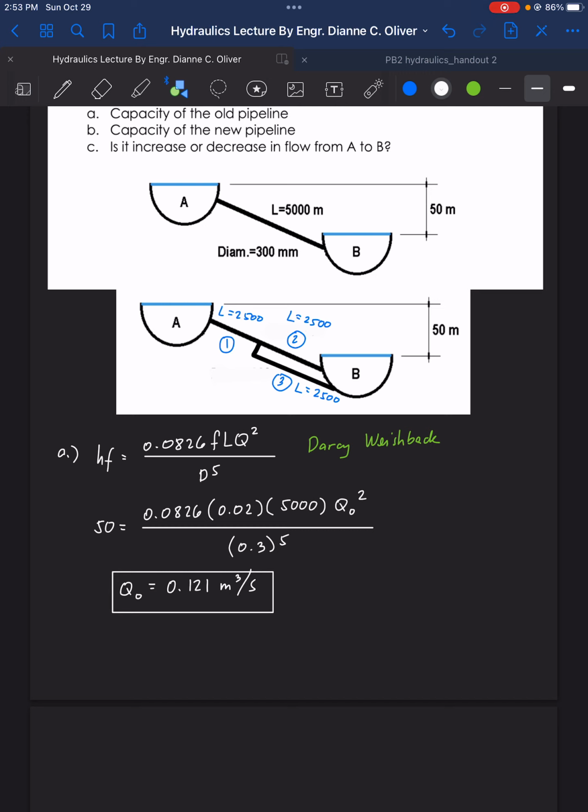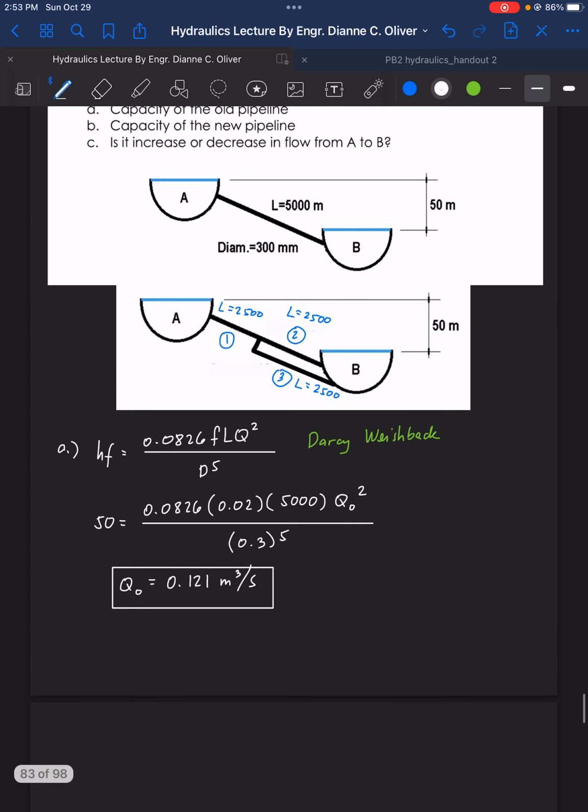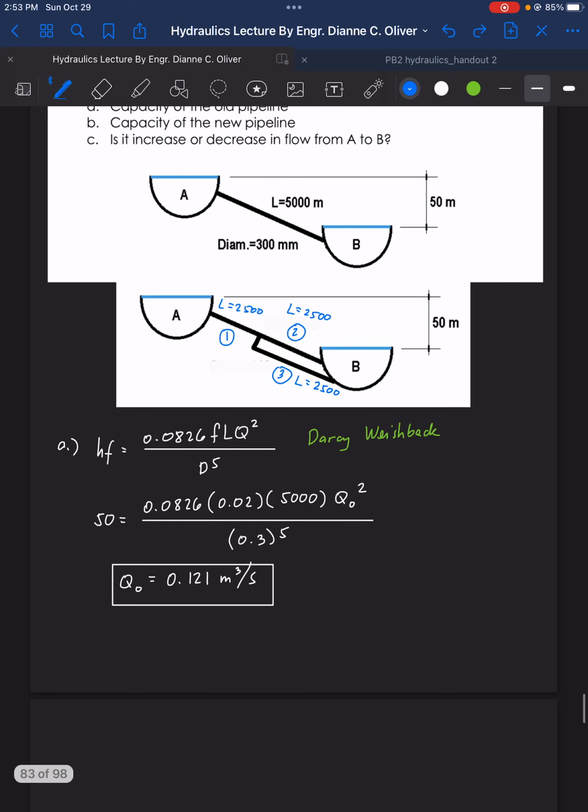Now for letter B, what is the capacity of the new pipeline? It's talking about the new pipeline, that is pipeline 3. Since that's the additional pipeline here, see here the original pipeline. So pipes 1 and 2 are the original, and this is the additional pipeline 3.